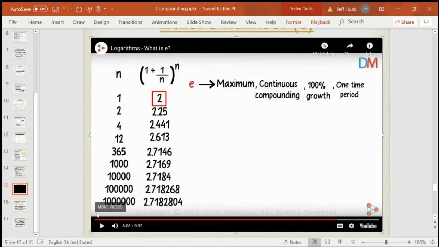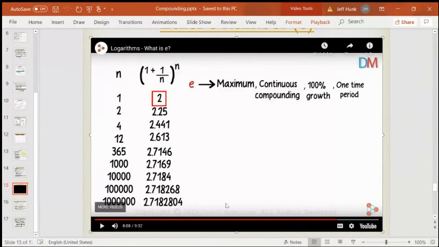They stopped at 1 million, but you can try 10 million, 100 million, 1 billion, but there's no point in doing that because eventually it doesn't grow much more than this. The result of the compounding will all converge to something around 2.71828 or something like that.